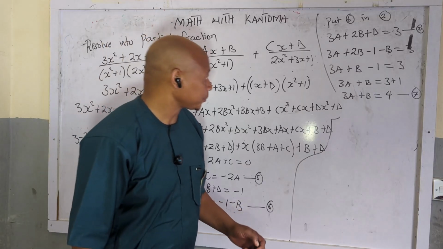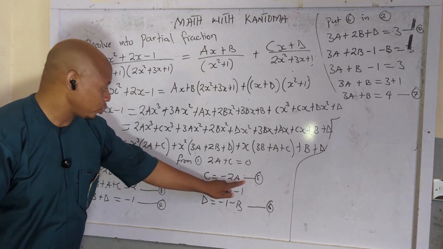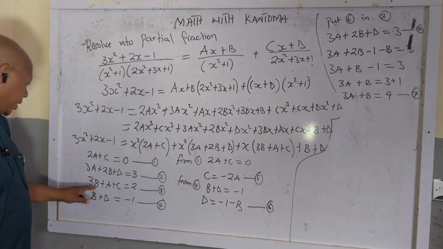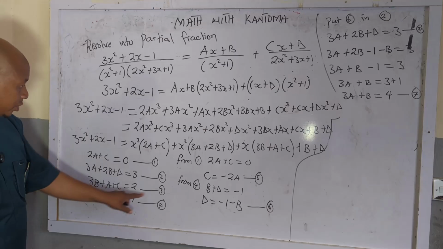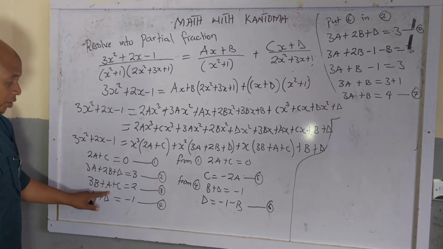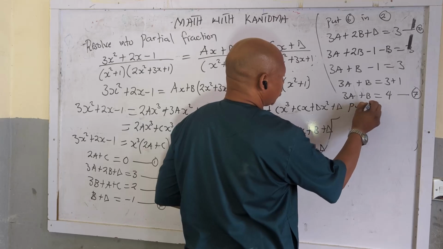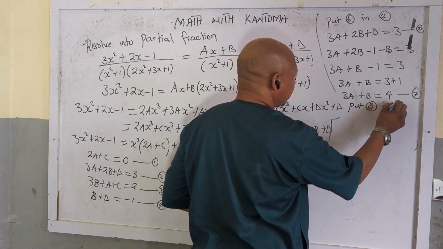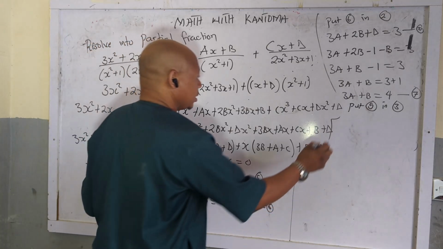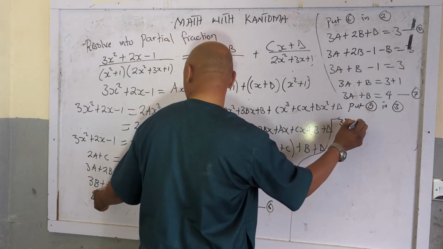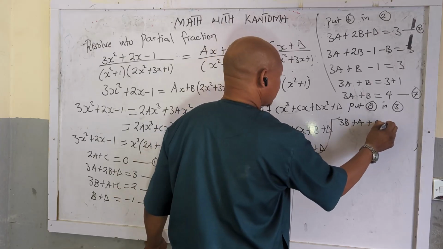So next, I can also put the value of c, meaning put equation 5 in equation 3. I have c in equation 3. So now let's substitute for c to be minus 2a in equation 3, meaning put equation 5 in equation 3. So now if I substitute for 5, equation 3 is 3b plus a plus c is equal to 2.